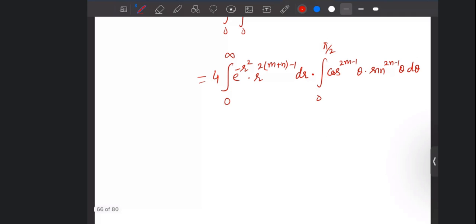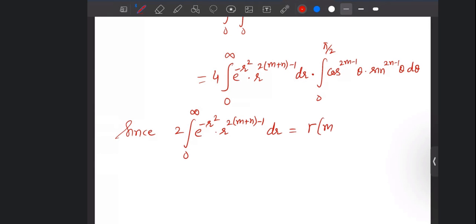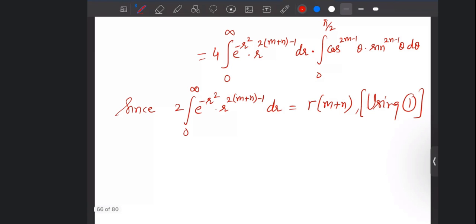As per the definition of the gamma function, twice the integral 0 to infinity e raised to the power minus r square into r raised to the power 2(m plus n) minus 1 dr will become gamma of m plus n.